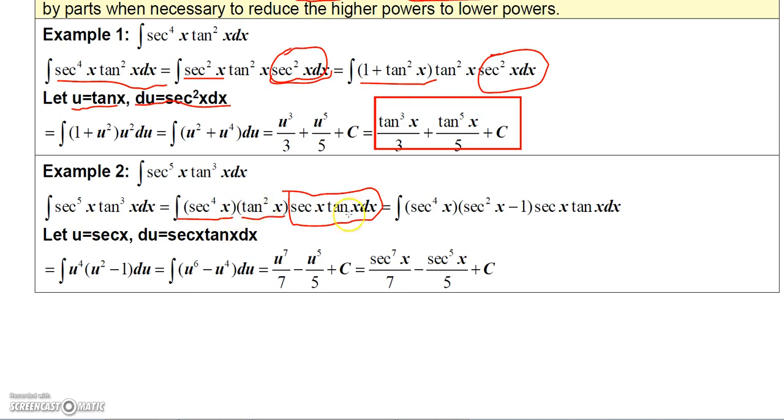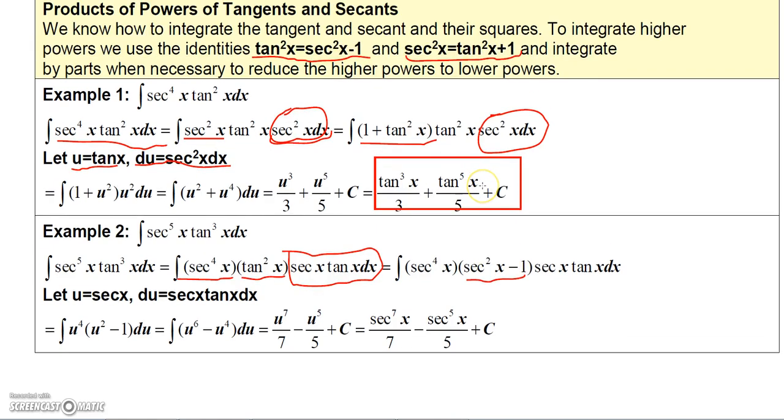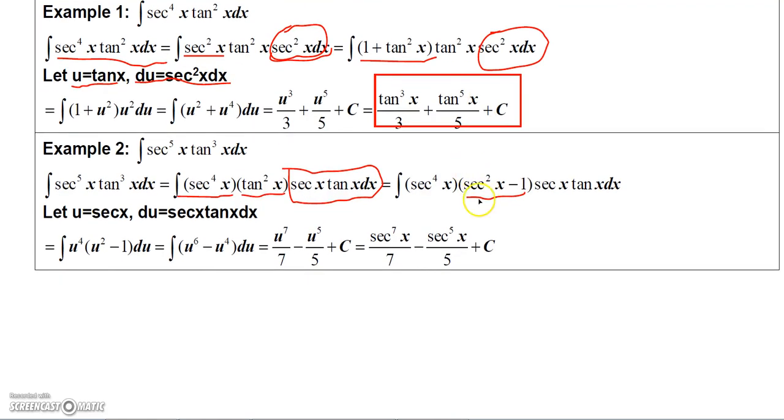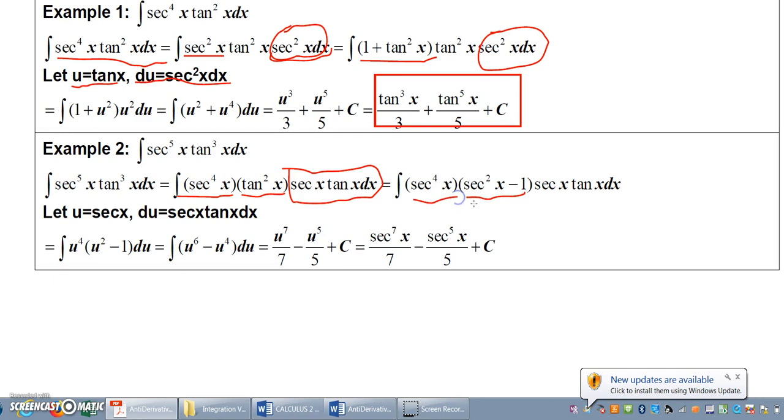We know that tangent squared x is just secant squared x minus 1. Had to check that real quick. Yeah, so it's secant squared x minus 1. And so now I have secant fourth x times secant squared x minus 1.